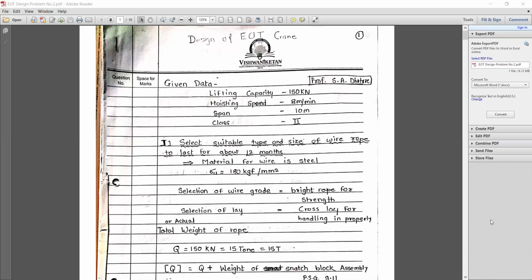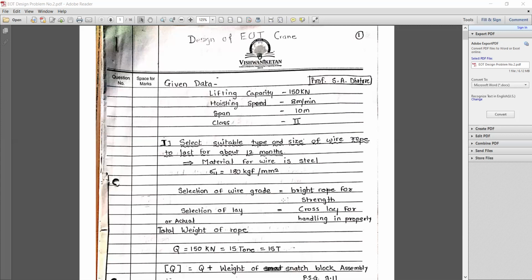For the wire material, I have considered steel, which is shown in PSG, with a sigma u value from 160 to 175 and 170 to 190, so the higher version which we have selected.